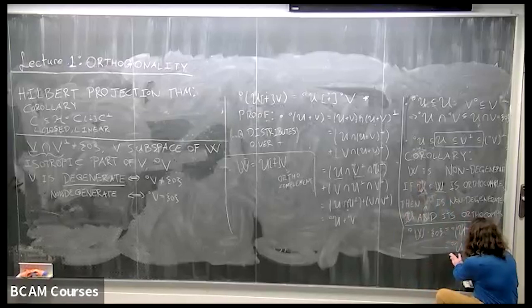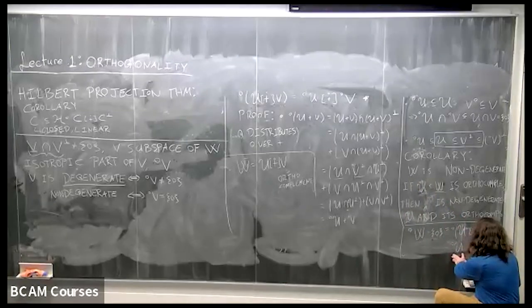And the only way for this relationship to be true is if the isotropic parts of both the subspace and its orthocomplement are just the zero vector. If either of these was bigger, this space would be bigger.